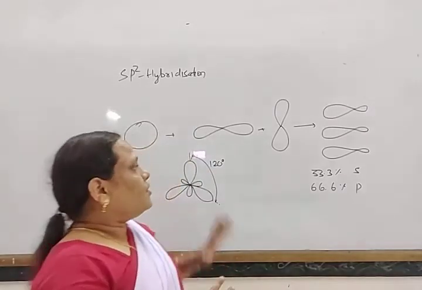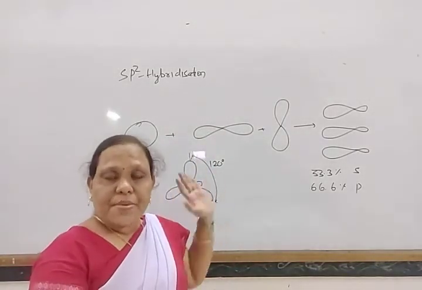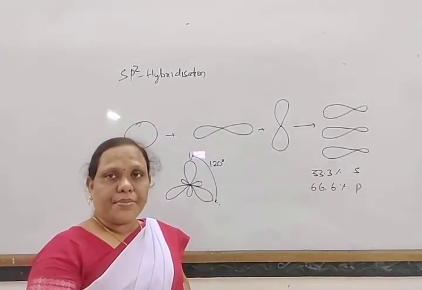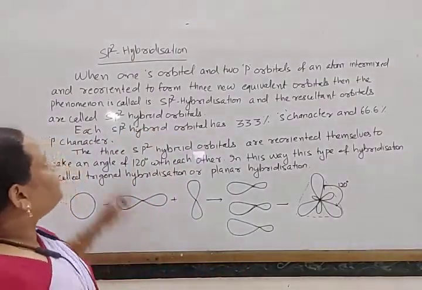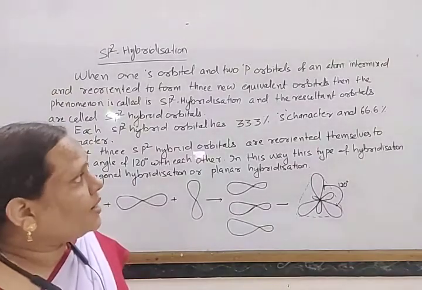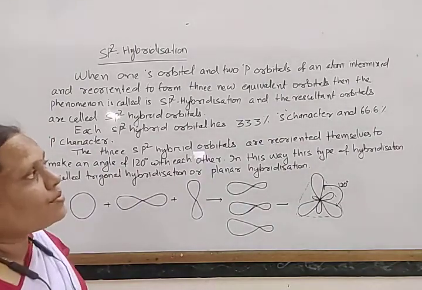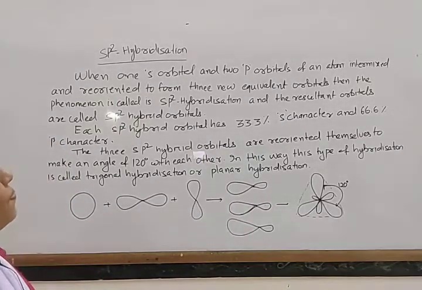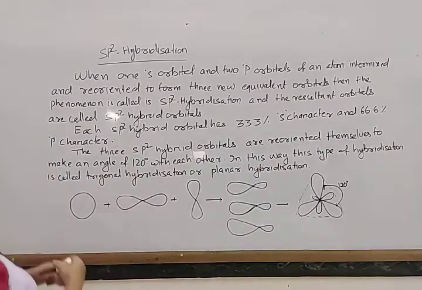Okay, so I think you now know what sp2 hybridization is. Now note down the points of sp2 hybridization. When one s orbital and two p orbitals of an atom intermix and reorient to form three new equivalent orbitals, the phenomenon is called sp2 hybridization, and each orbital is called an sp2 hybrid orbital.